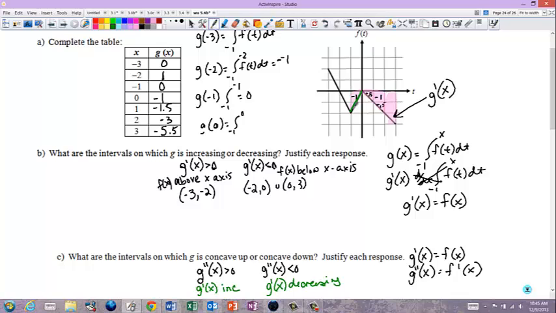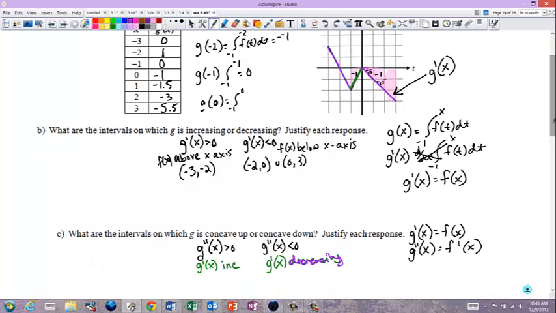It's increasing here, and then it's decreasing here and here. Decreasing. Okay, so it's increasing, looks like from -1 to 0, and it's decreasing everywhere else, so from -3 to -1 and from 0 to 3. And there, my justifications are already there.